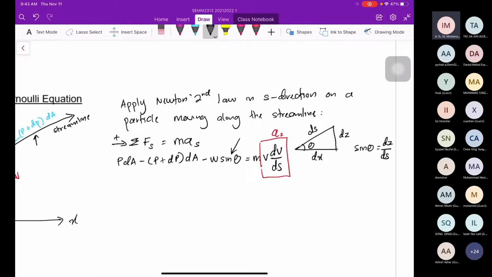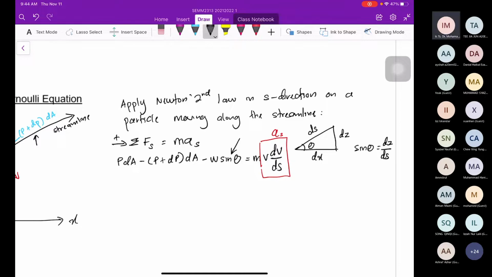So we can substitute in this equation. I think better I expand this one.